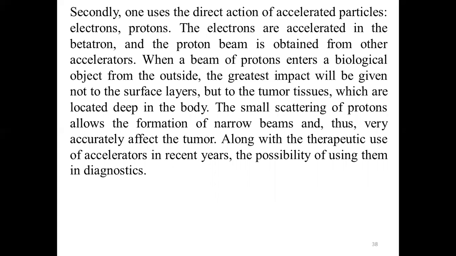The protons are accelerated in the betatron, and the proton beam is obtained from the other electrons. When a beam of protons enters a biological object from the outside, the greatest impact will be given not to the surface layers, but to the tumor tissue, which is located more deeply in the body.